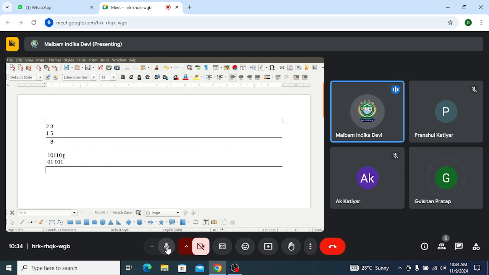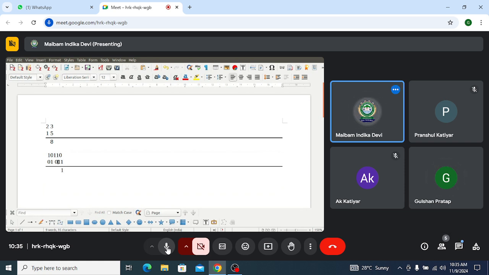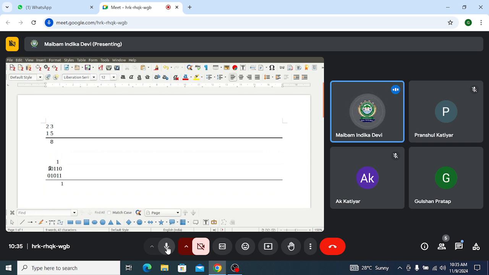Let's do it right now. So 0 minus 1 is what? 1. Right? Now for this you will have a borrow out here. So that borrow let's represent by 1 in this bit.